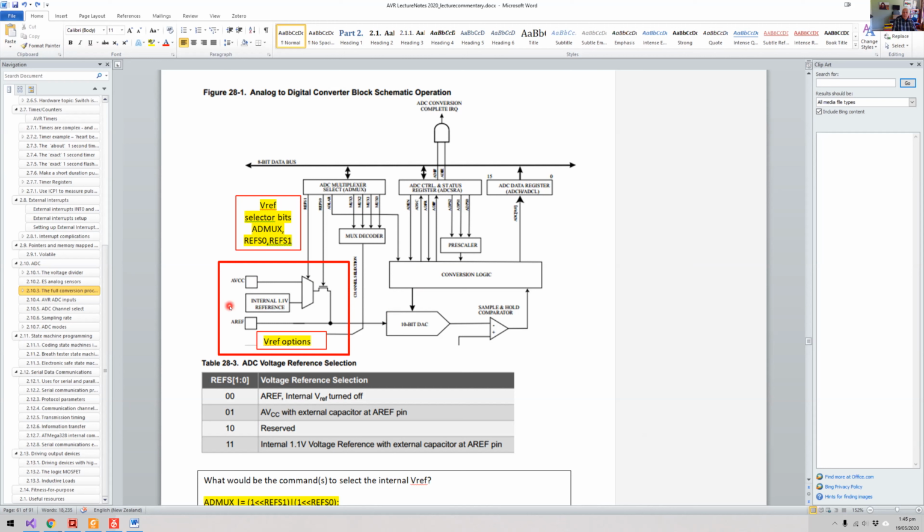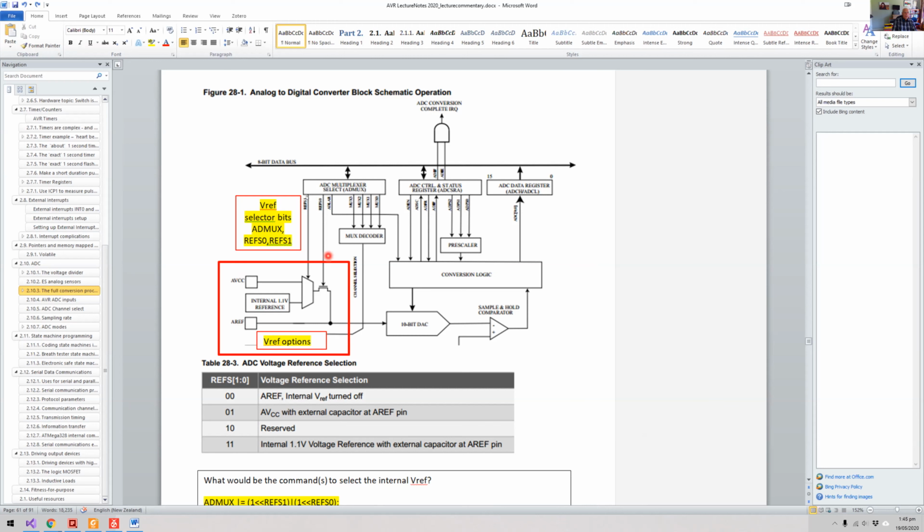Now, some of the other AVR microcontrollers have a slightly different internal voltage reference here. And then we can connect our own external reference voltage as well. So we might get a very powerful and stable voltage and use that as a reference. This cannot exceed, of course, our VCC voltage.